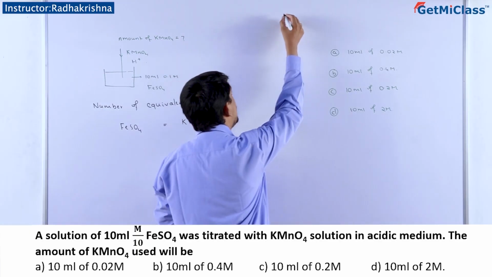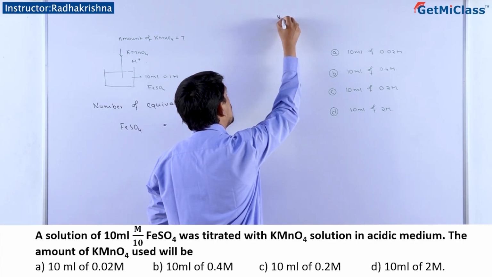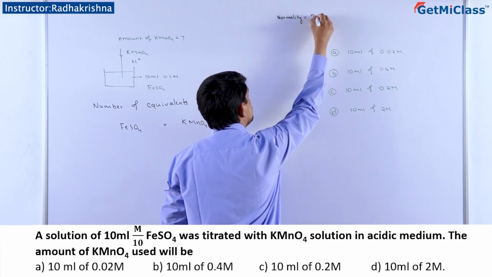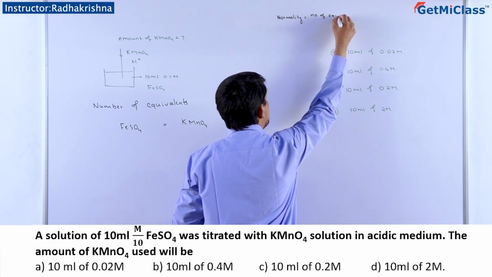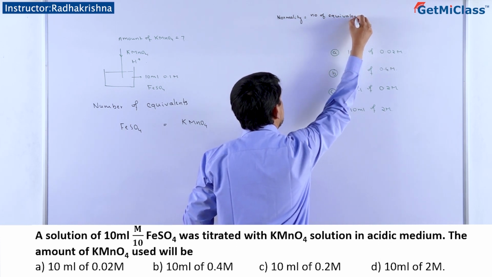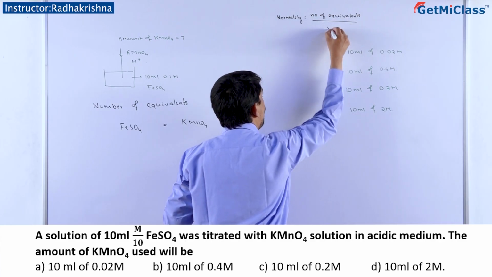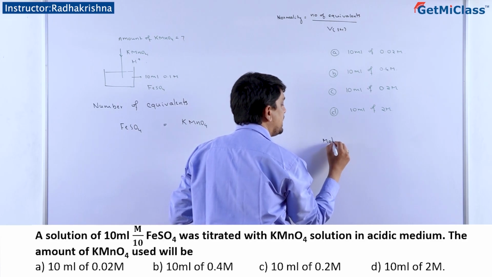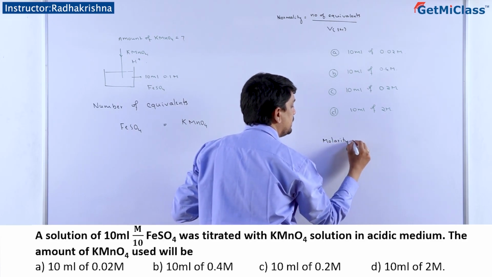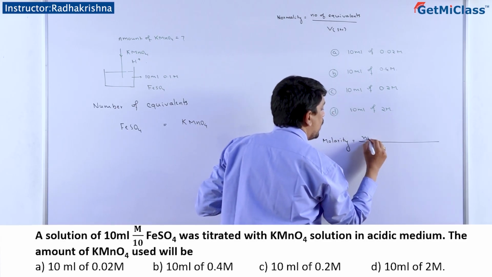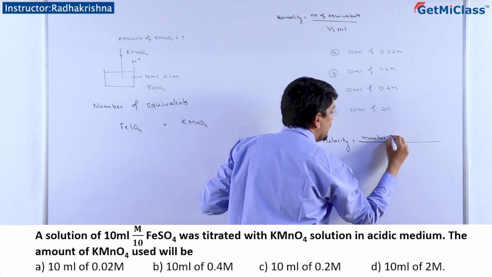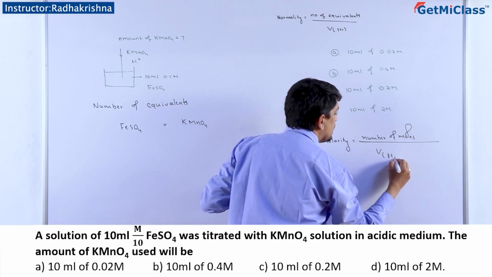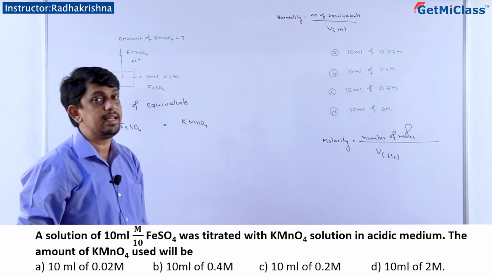So everyone just write, we know that normality is nothing but number of equivalents divided by volume of solution in liter, same as molarity is nothing but number of moles of solute dissolved in a certain volume of solution in liter.